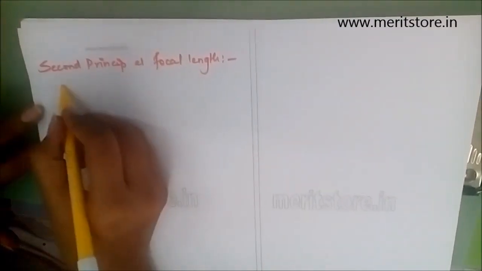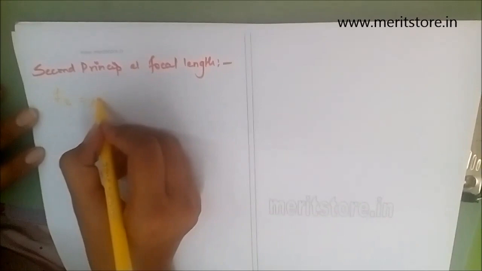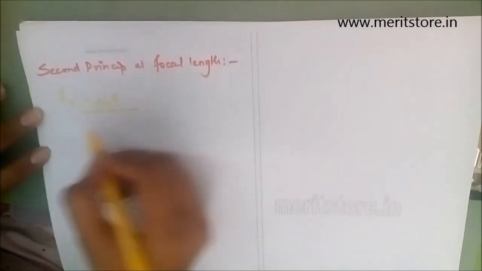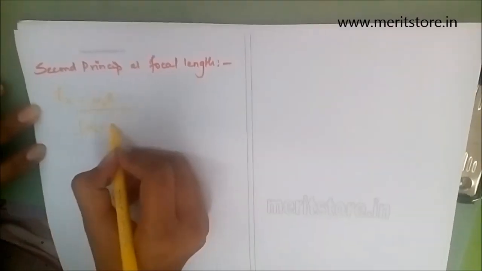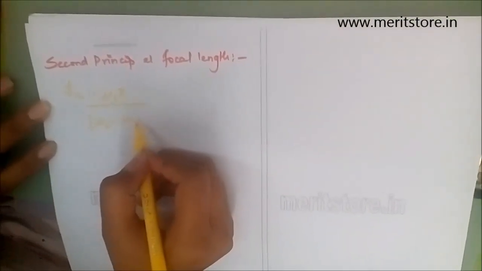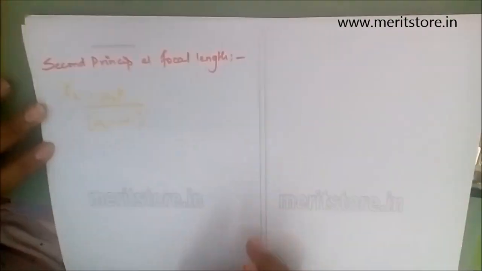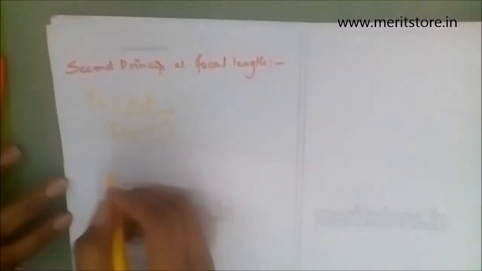It is given as F2 is equal to mu2R divided by mu2 minus mu1.